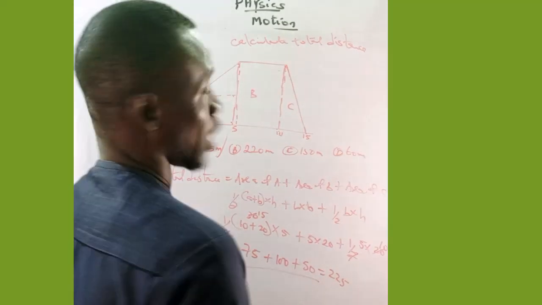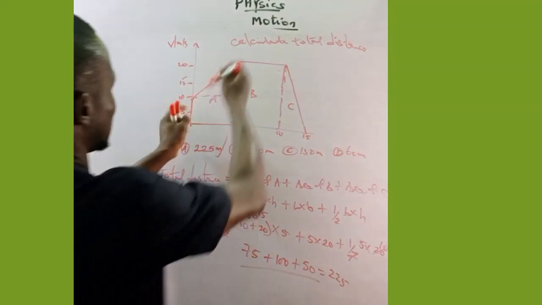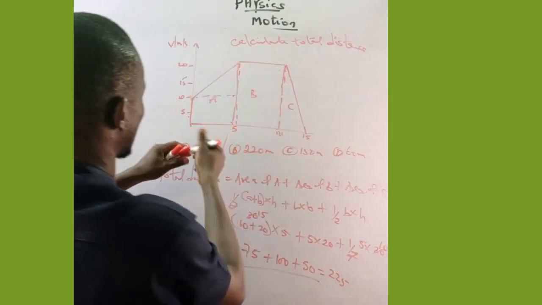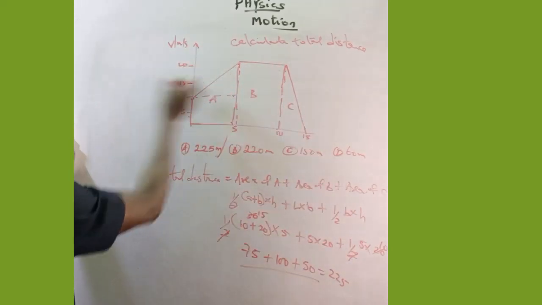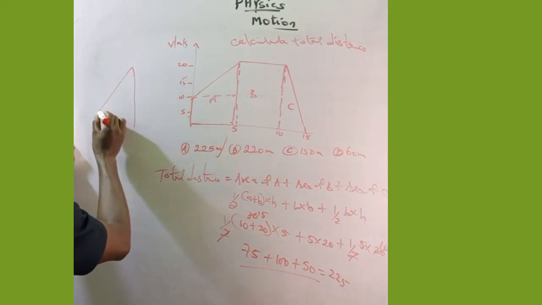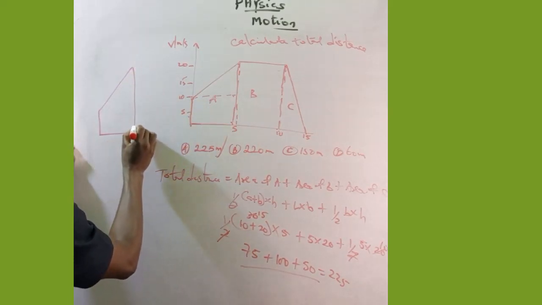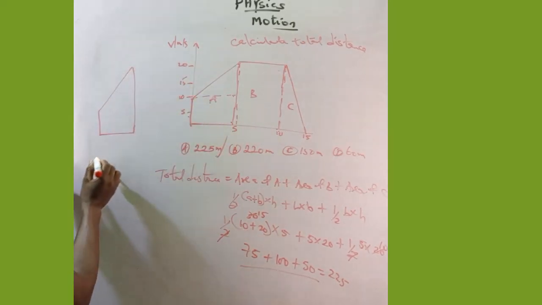I hope you understand what I solved. This is the area of the trapezium. I can change this trapezium to be like this. I can decide to bring this out, and it will look like this. I can change it to be like this so that you understand very well.